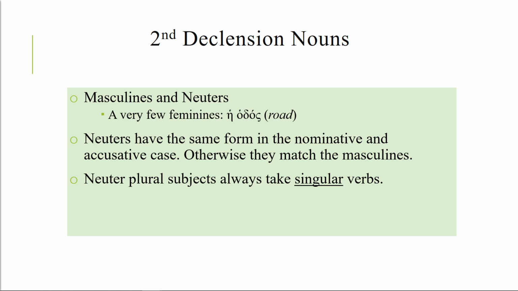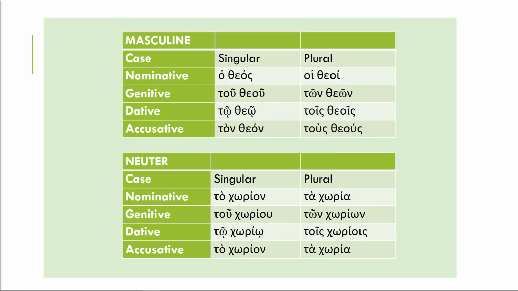Endings otherwise match the article in the second declension, so it's pretty simple to go forward. So, ho theos, the god, tou theou, tōi theōi, ton theon, hoi theoi, tōn theōn, tois theois, tous theous. If you know the article, you know the endings. Likewise, the neuters in the nominative singular end with -on, and in the nominative and accusative plural end with -a.